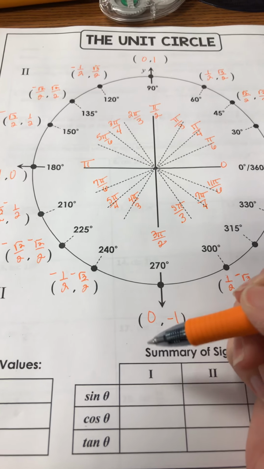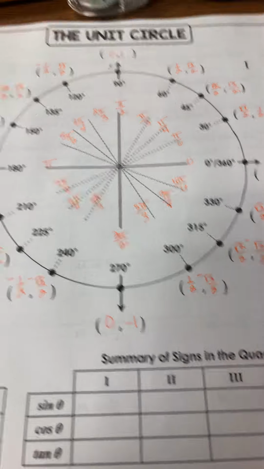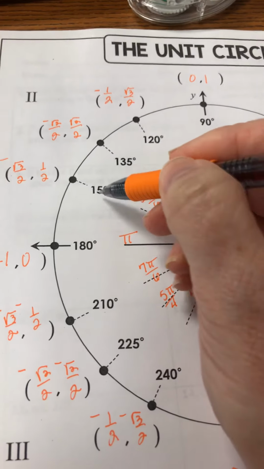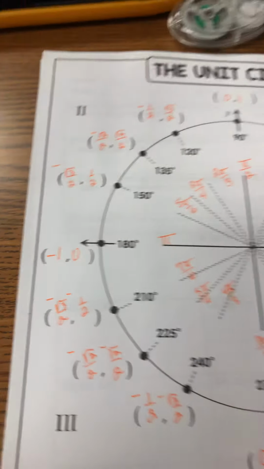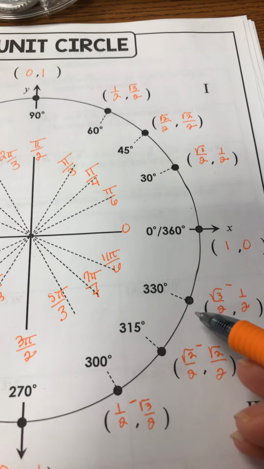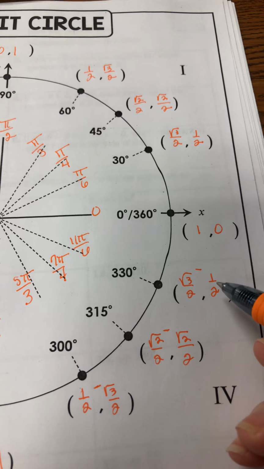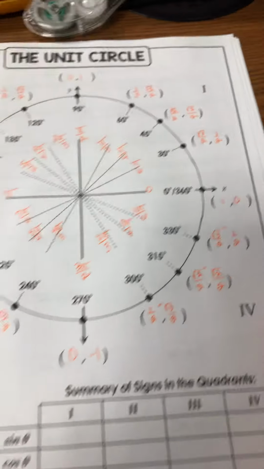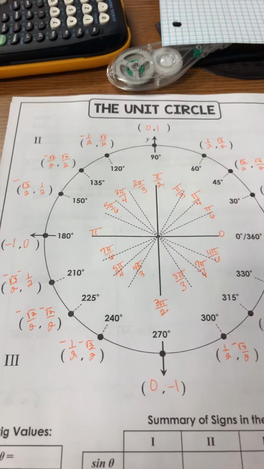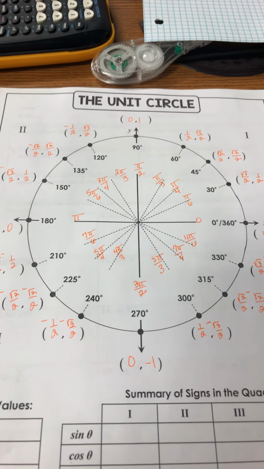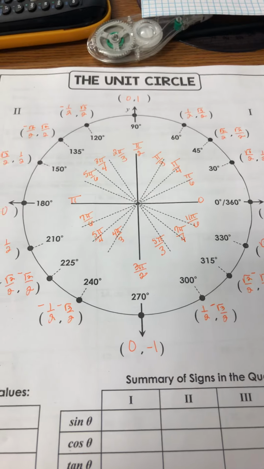What's the cosine of 300 degrees? Oh, that's 1/2. What's the sine of 150? It's 1/2. What's the sine of 330 degrees? Negative 1/2. You don't even have to compute anything. You already know what it is. So that's your unit circle.